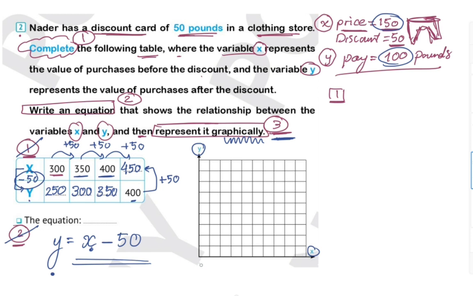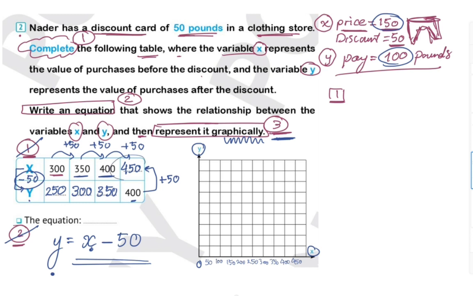If I start with 0, that will be 50, 100, 150, 200, 250, 300, 350, 400, 450.